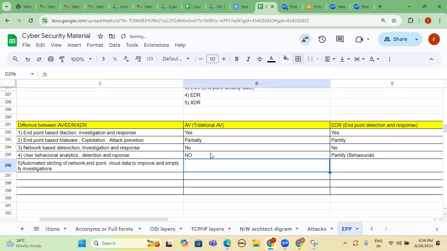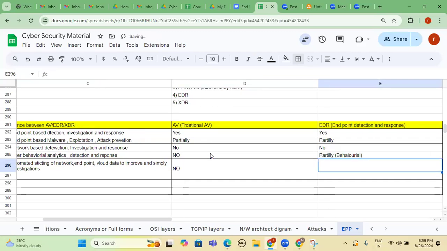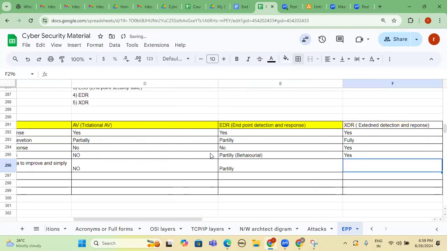So this one is not applicable to antivirus, no. EDR will do it partially only, and XDR is full capability. Mainly network and also cloud-based data, and also improving the security posture of the organization, and also orchestration and automated response. Those functionalities cannot be done by traditional antivirus, and EDR will do it partially.